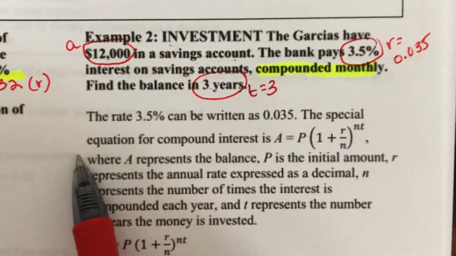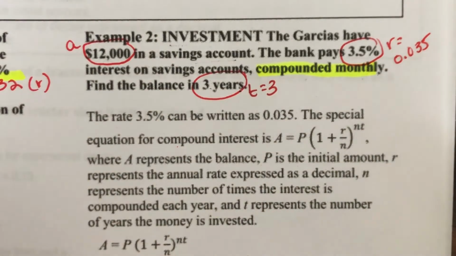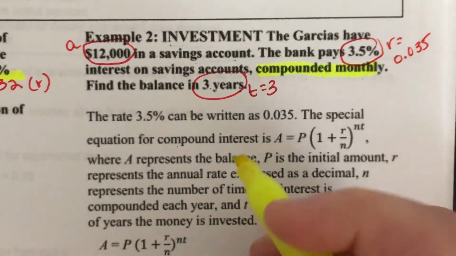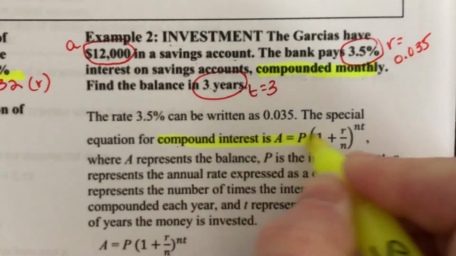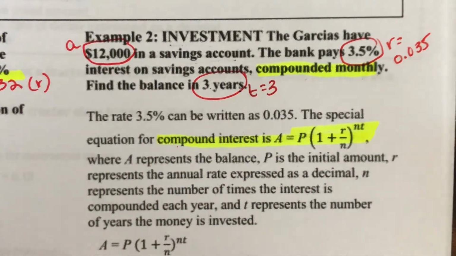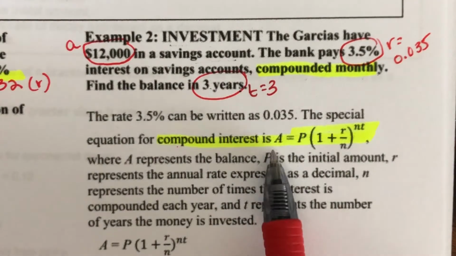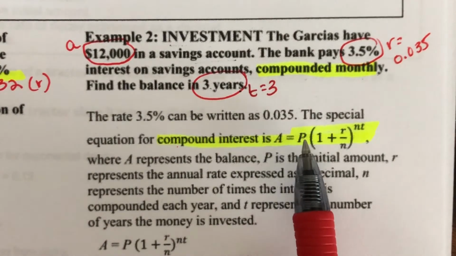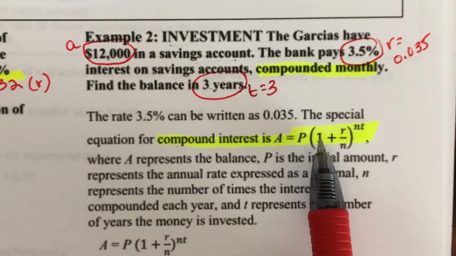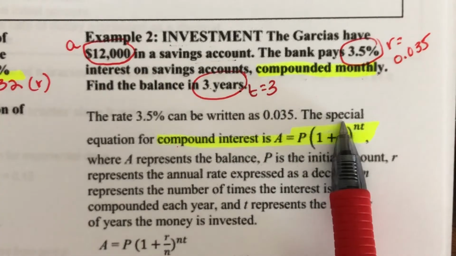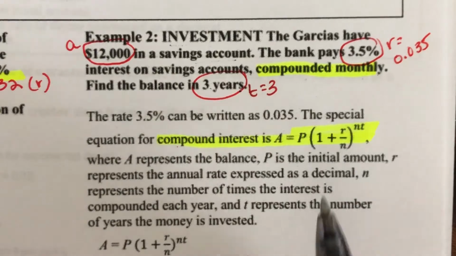We did that. The special equation for compound interest, we add this little extra to our equation. So remember before, it was y equals a times 1 plus r raised to the t power, okay?